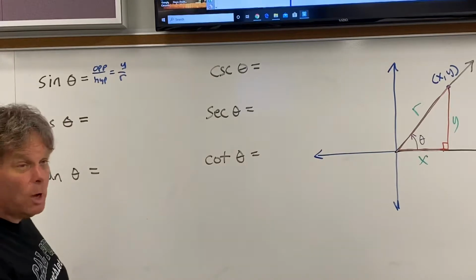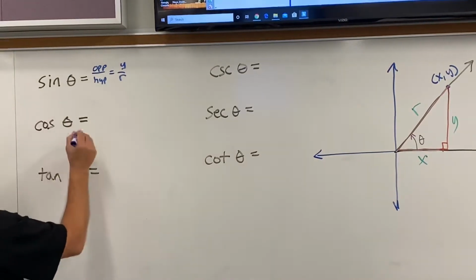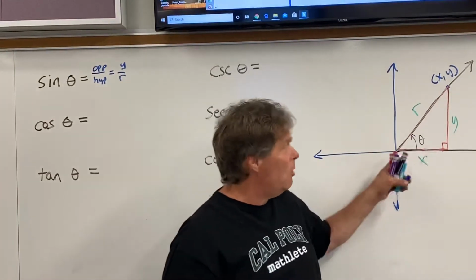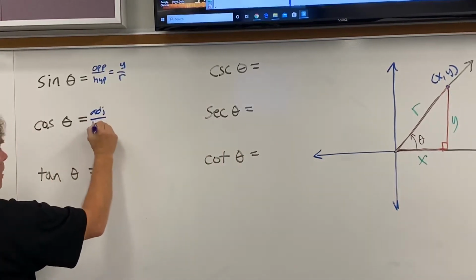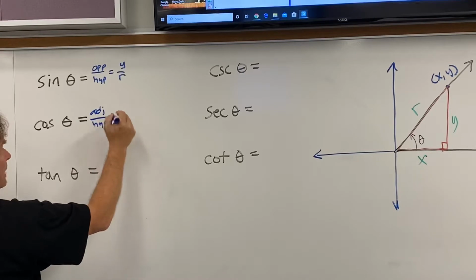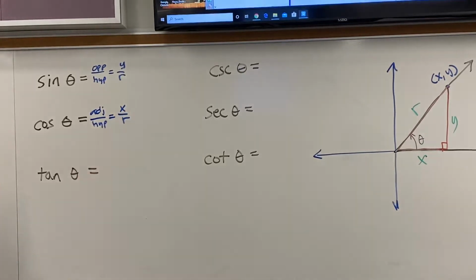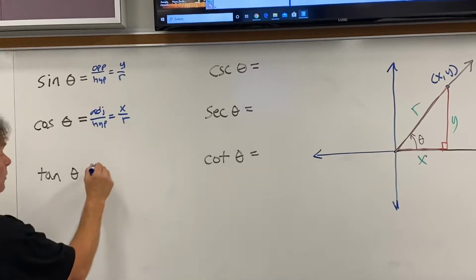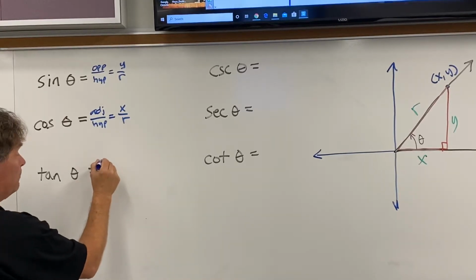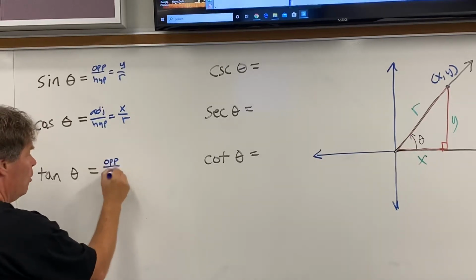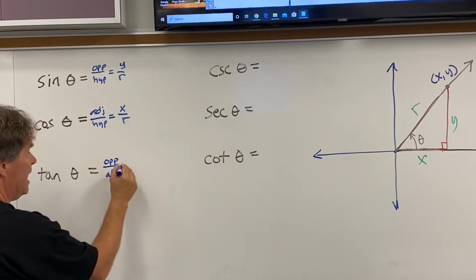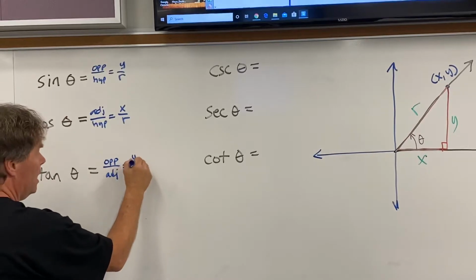Sine is always y over r. Okay, cosine is adjacent over hypotenuse. Adjacent over hypotenuse. And that's going to be x over r. And then tangent is y over x. So that's going to be opposite over adjacent, which is the tangent, which is y over x.